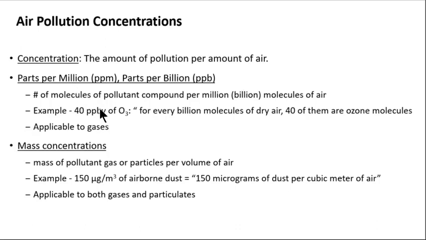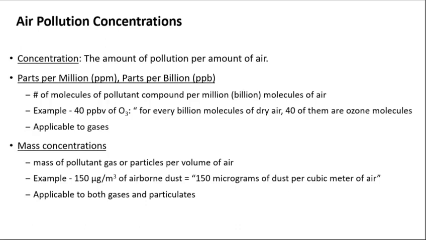This is the number of molecules per million or billion, if ppb, molecules of air. For example, 40 parts per billion of ozone indicates that there are 40 molecules of ozone per billion molecules of air. Expressing air pollution as ppm or ppb is applicable only for gaseous air pollutants.